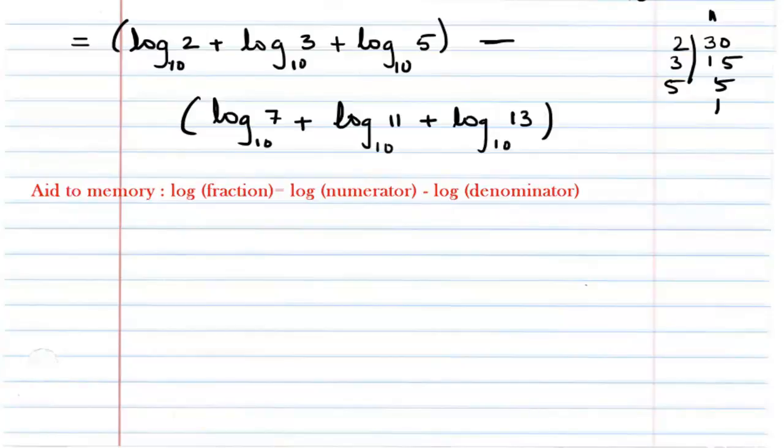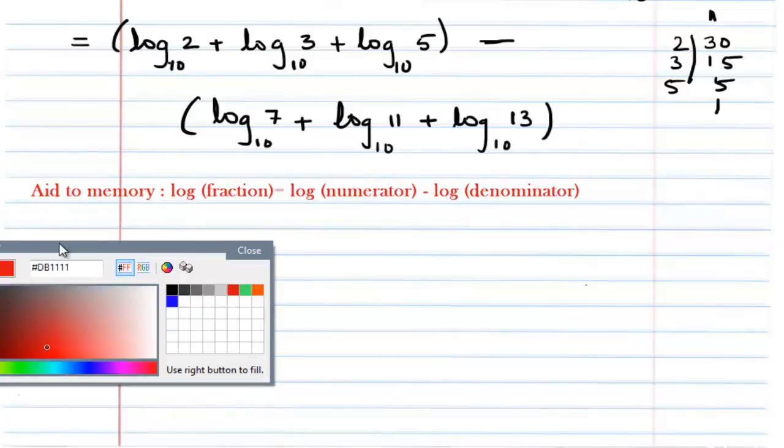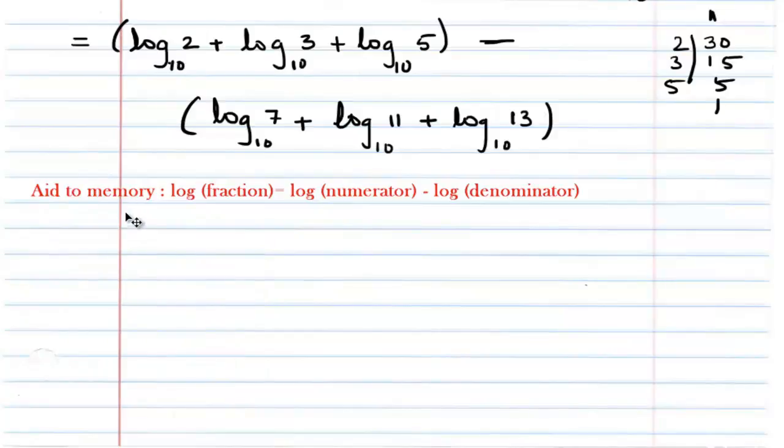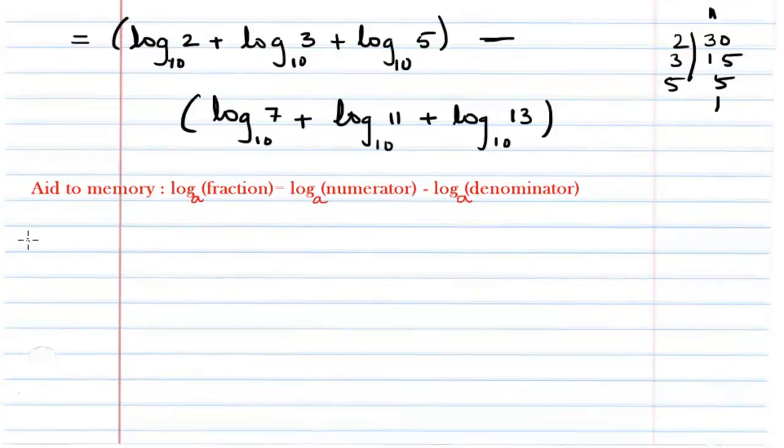Now I just want to say something: the base is a. Sorry about that, I couldn't write that in the text format, so I have to write it like this. Okay, now let us start with the proof of law 3.